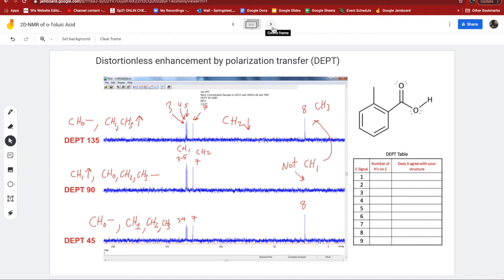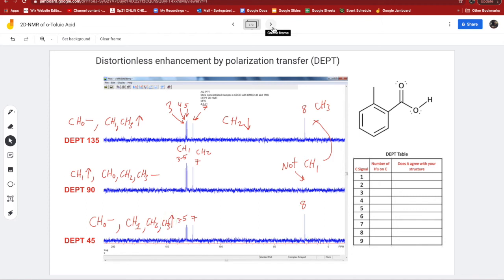So these are all showing up the same, signals 3 through 5 and 7. And then the CH3 shows up again because the CH3s do show up on this one. Okay, so we got that.